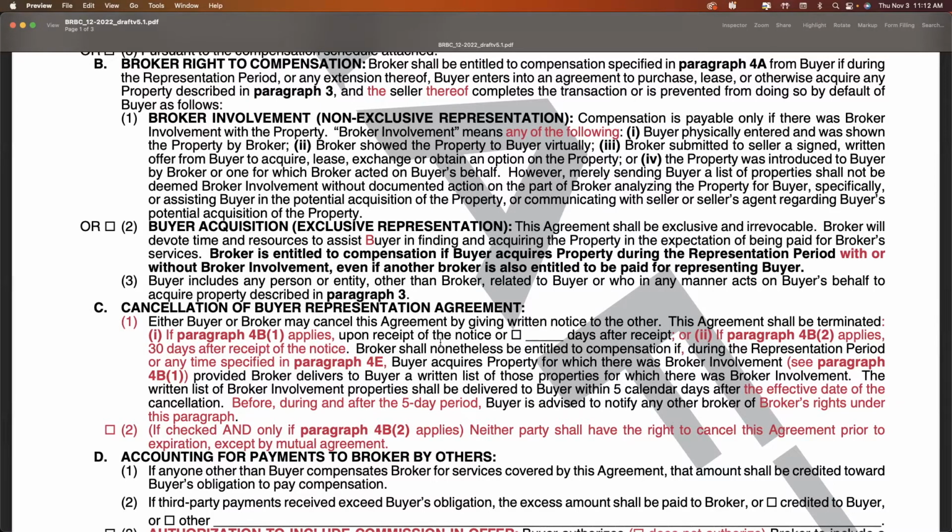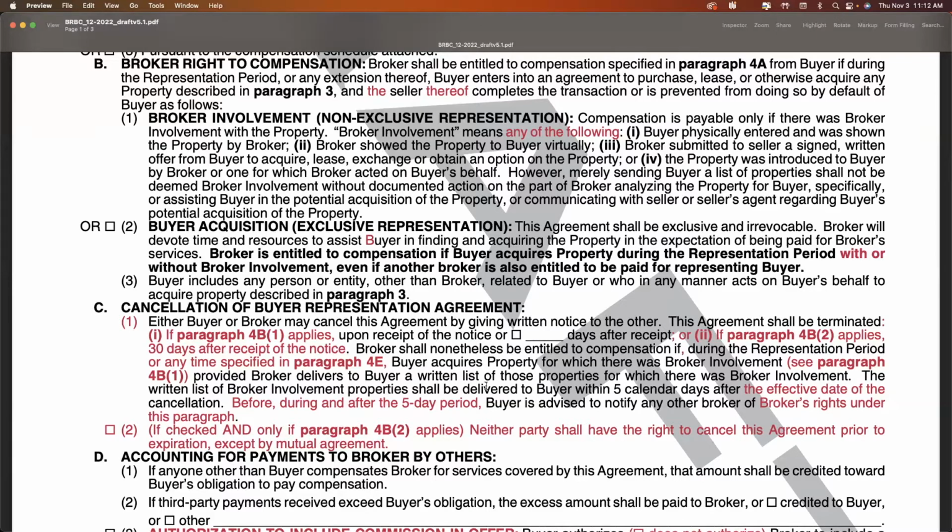This agreement shall be terminated if paragraph 4B1 applies upon receipt of the notice or blank days after receipt, or if paragraph 4B2 applies, that's this one, 30 days after receipt of the notice. Broker shall nonetheless be entitled to compensation if, during the representation period or any time specified in paragraph 4E, buyer acquires property for which there was broker involvement, provided broker delivers to buyer a written list of those properties for which there was broker involvement.